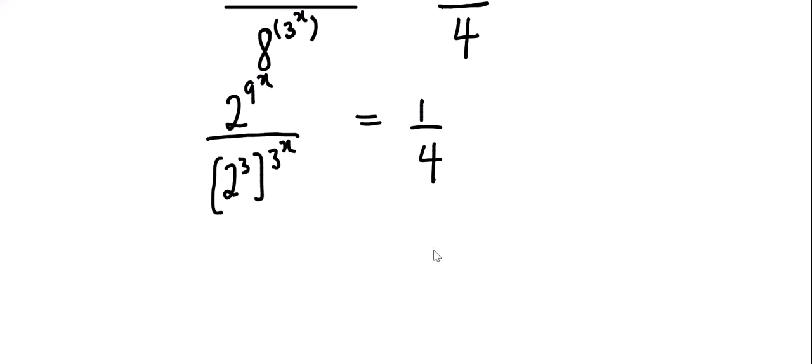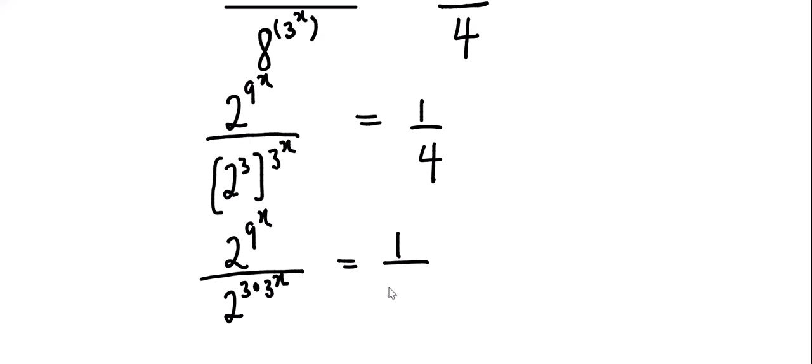And from this, we have 2^(9^x) divided by 2^3 to the power of 3^x equals 1 divided by 2 squared, which is equivalent to 4.